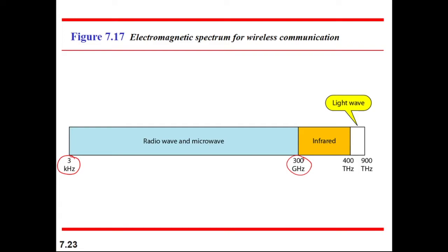Infrared rays cover 300 gigahertz to 400 terahertz. And this is the light wave, 400 terahertz to 900 terahertz. So this is the spectrum for wireless communication.